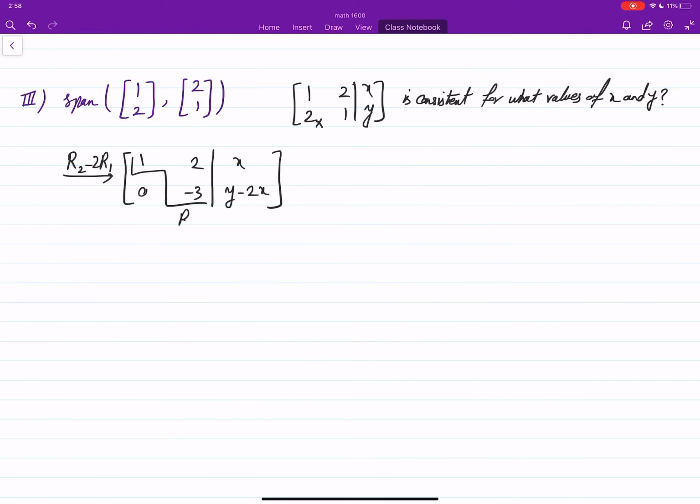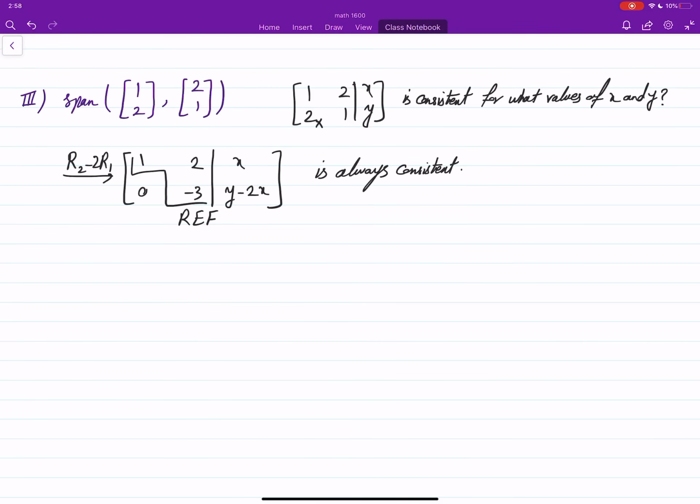This has all the properties of row echelon form. And you see that there is no left-hand side 0. So this means that this system is always consistent. It means that no matter what you put for x and y, the system will be consistent.